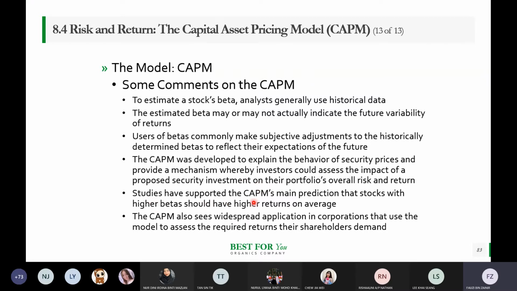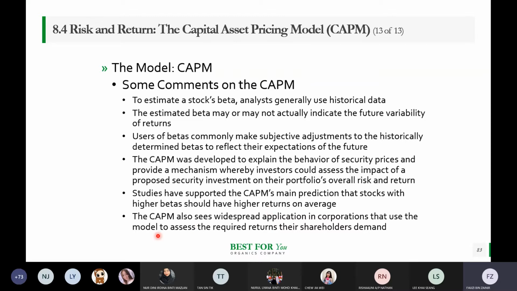Studies have supported the CAPM's main prediction that stocks with high beta should have high returns on average. But there is a double-edged sword. If things get worse, if the economy turns sour, then the high beta would reflect much lower returns than the lower beta.